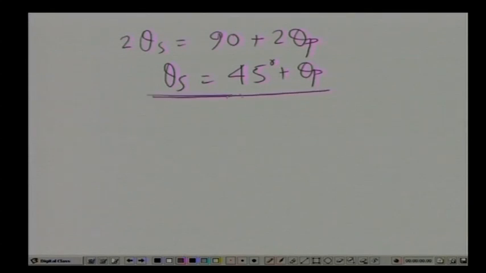So, this indicates that the maximum shear stress occurs in the plane which is at an angle of 45 degree with respect to the maximum or minimum principal stresses.